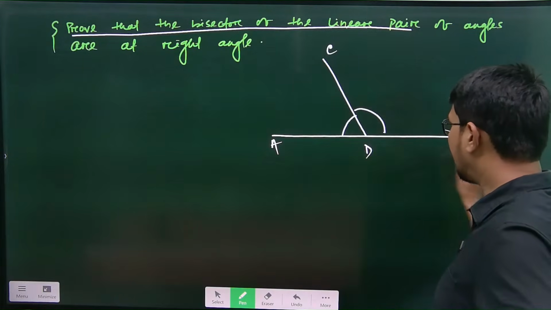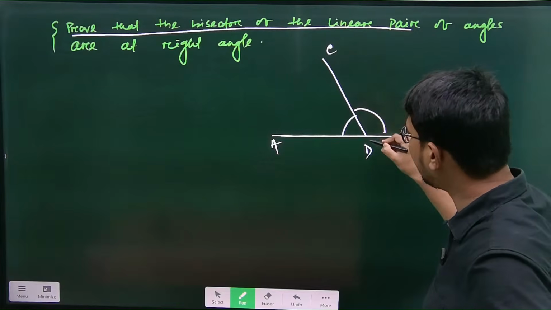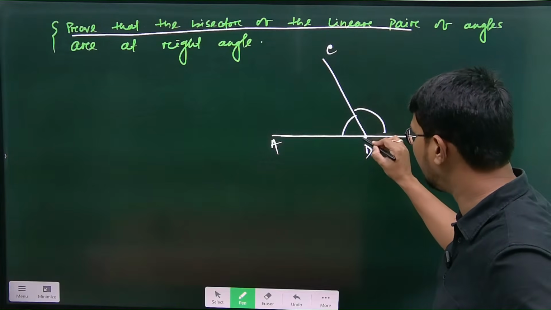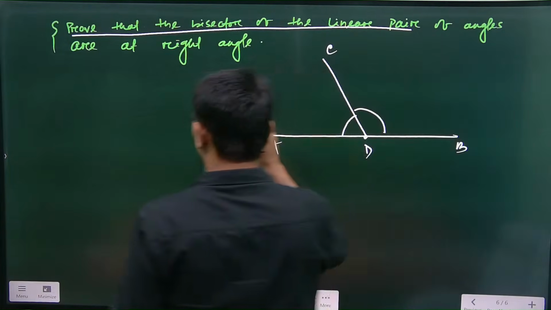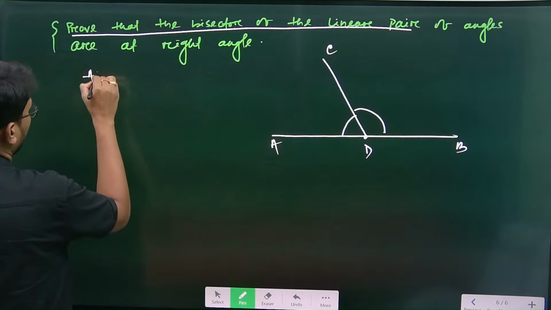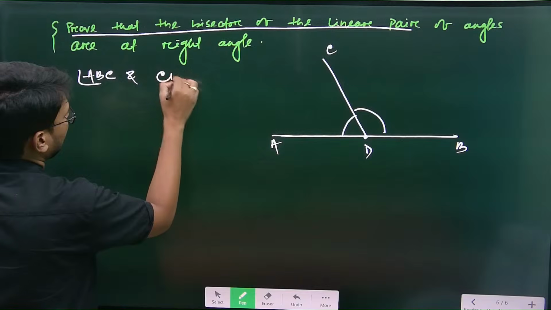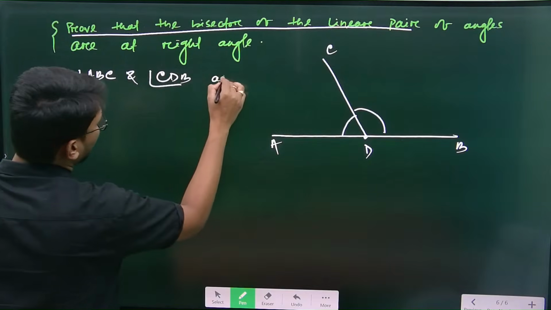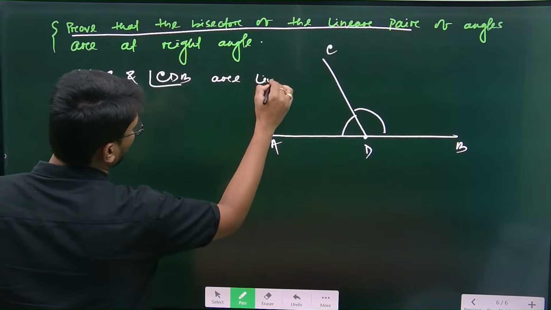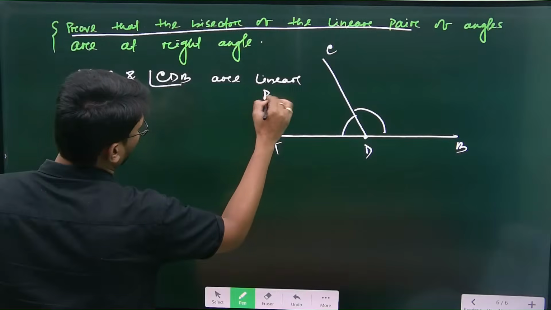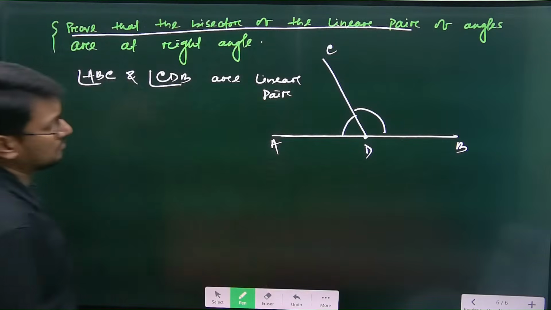If AB is a line segment and CD intersects AB at point D, are the angles ADC and CDB a linear pair? Yes or no?